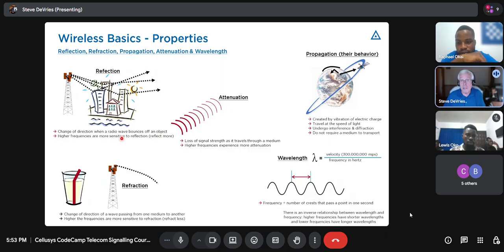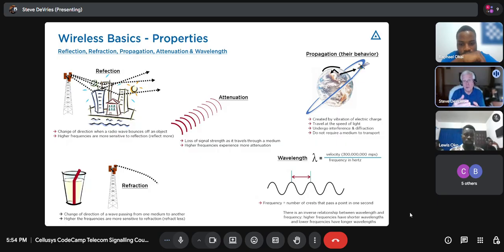The higher the frequency, the more sensitive it is to this: it hits a building or a brick wall and it can bounce. Attenuation is another characteristic. Attenuation is the loss of signal strength as it travels through a medium.